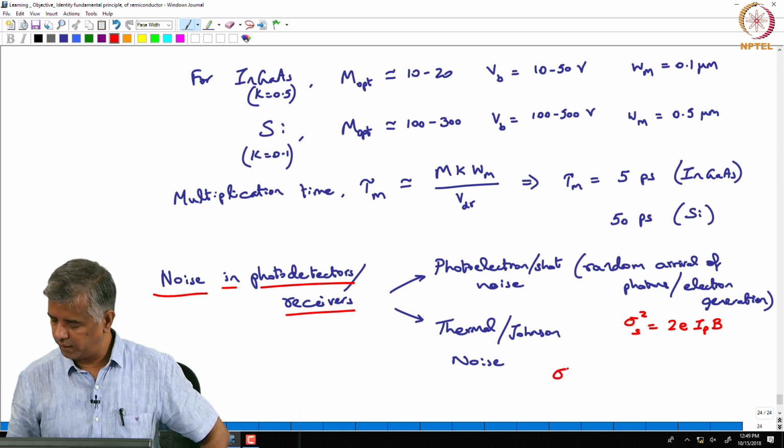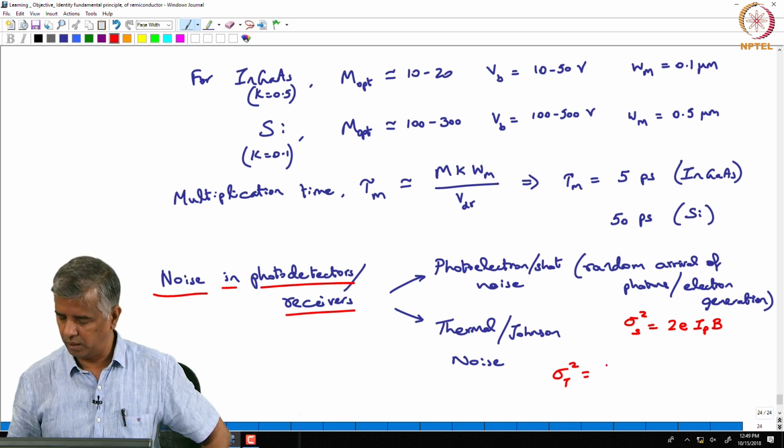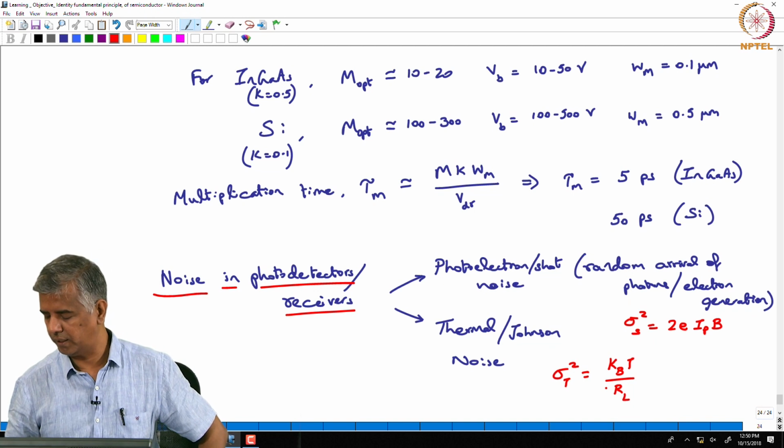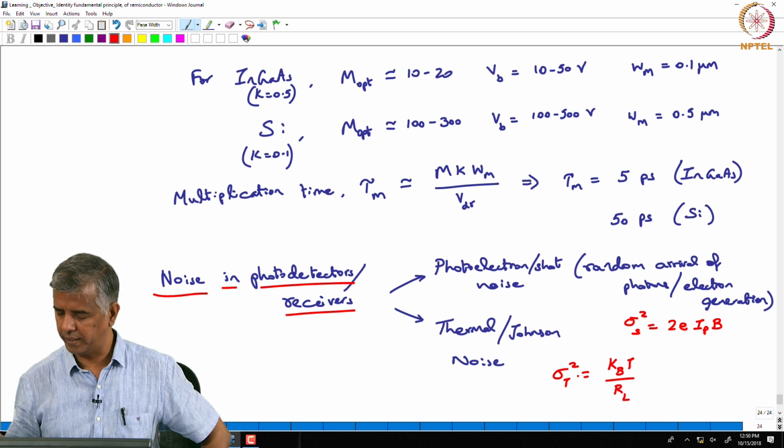Whereas, if you look at the thermal noise component, that is once again white noise, corresponding to the thermal energy kBT over the resistance through which the current is passing.